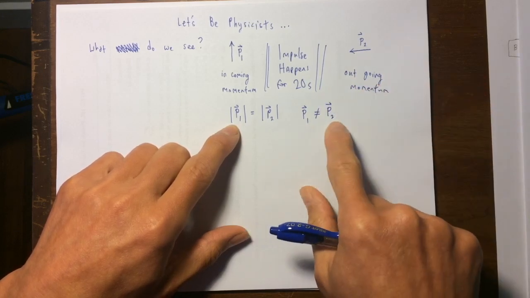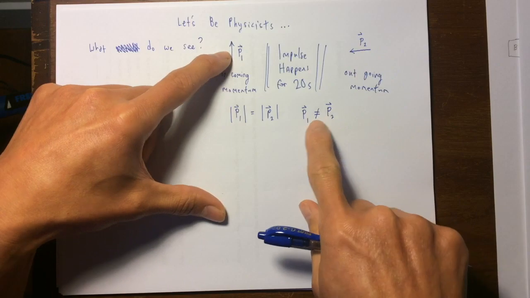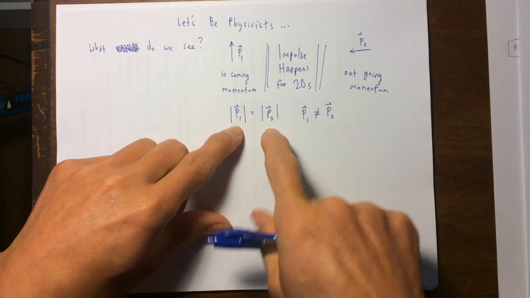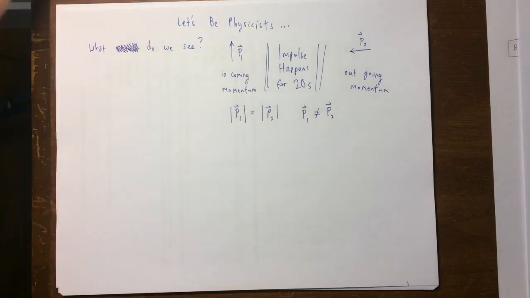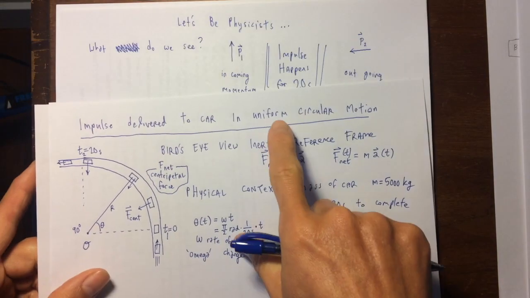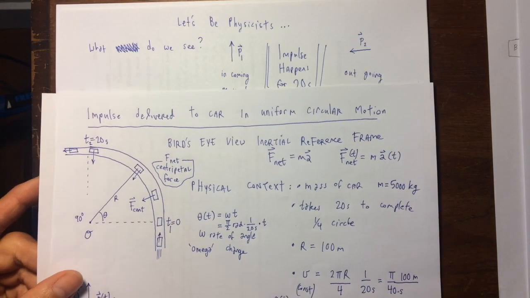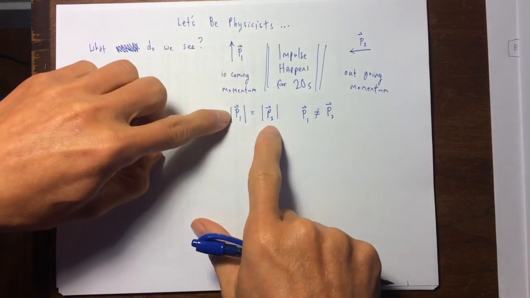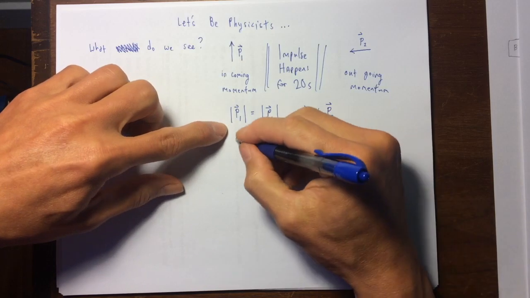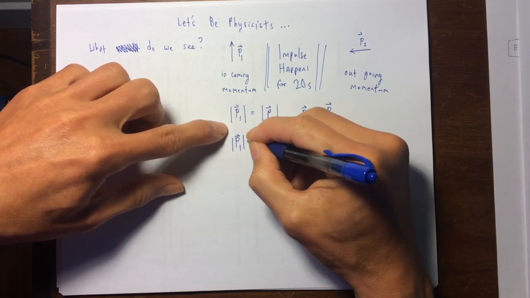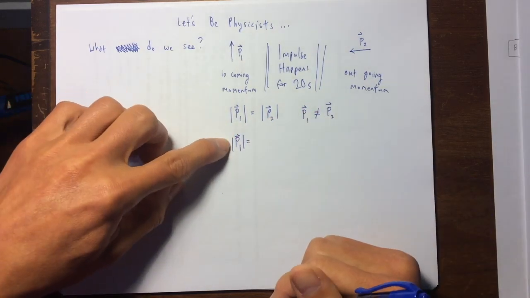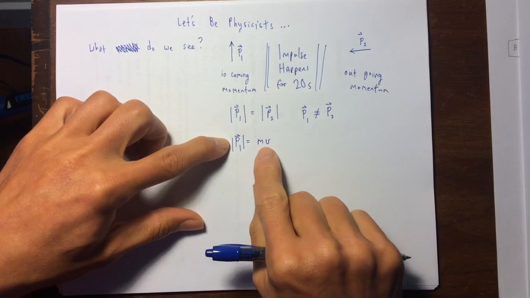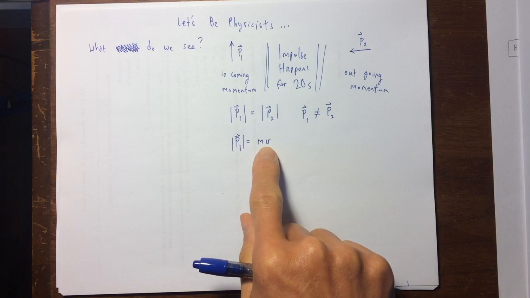So p1 and p2 do not have the same vector value, but they do have the same magnitude. We're just thinking about what uniform circular motion means. So I can say what the magnitude of the momentum is. It's m times the uniform circular motion speed.